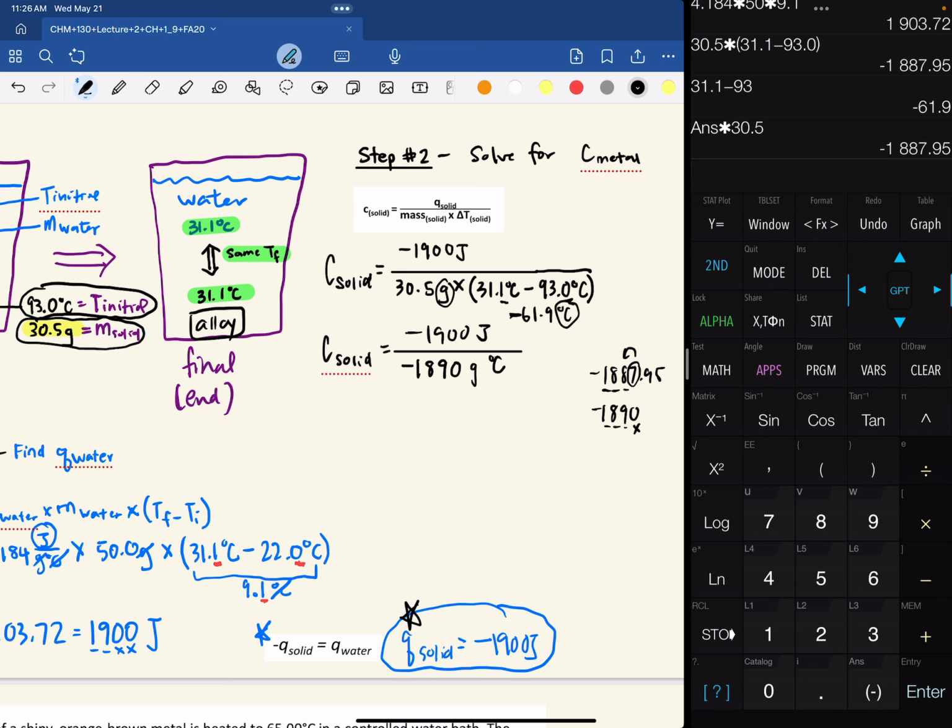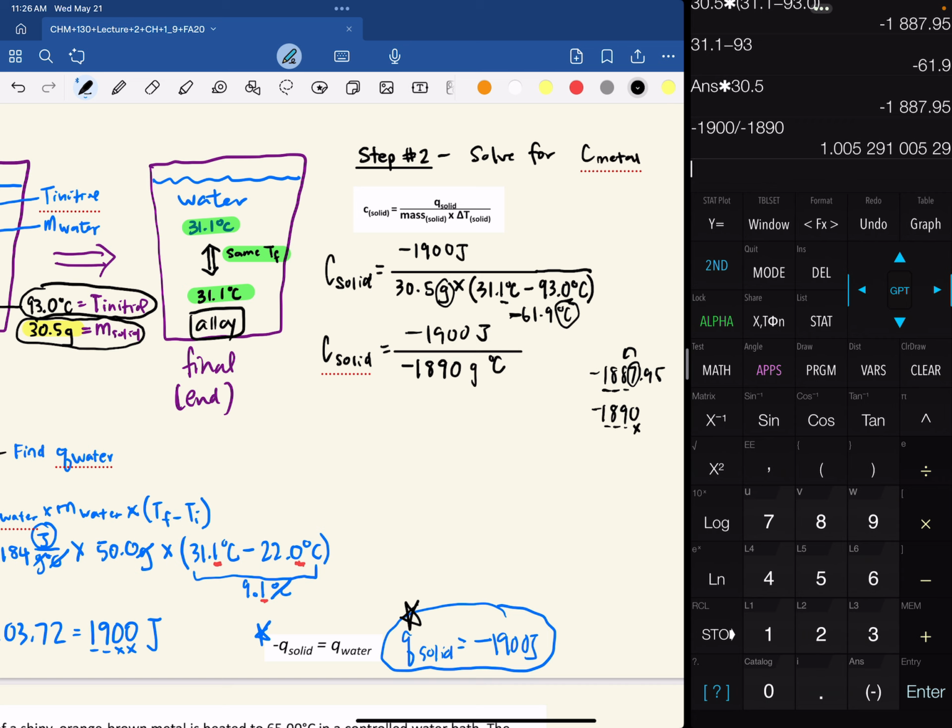Okay. Then we're going to divide those two numbers, negative 1900 divided by negative 1890. And we're going to get this number, 1.005291.